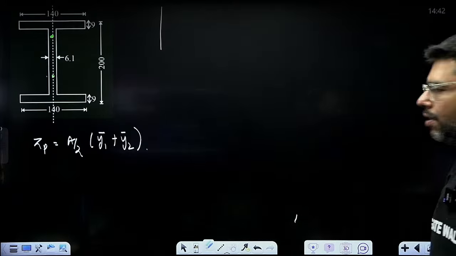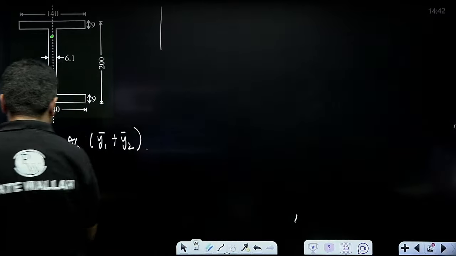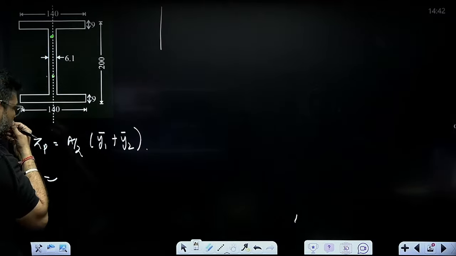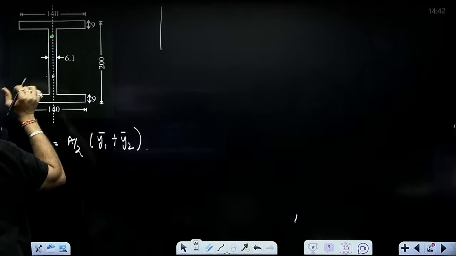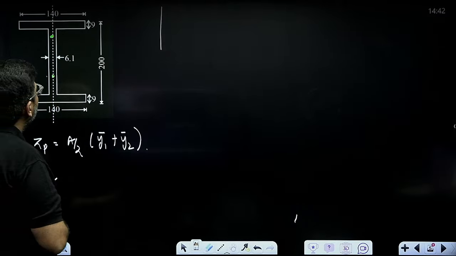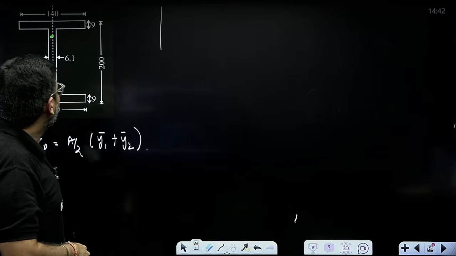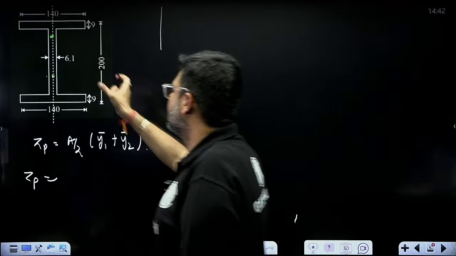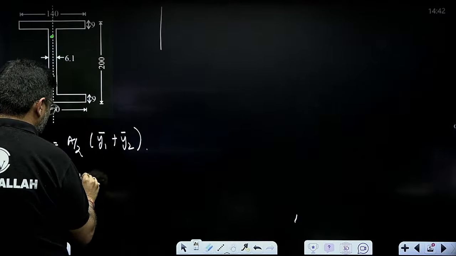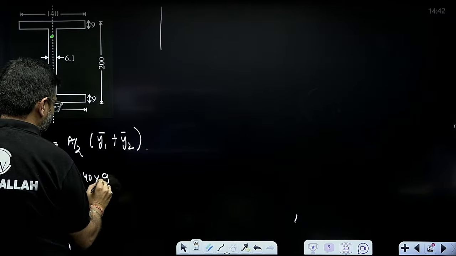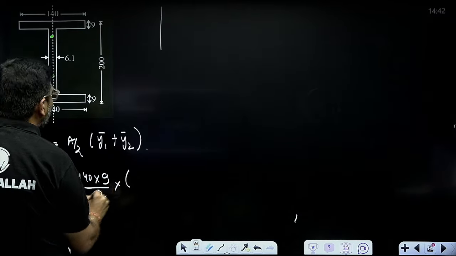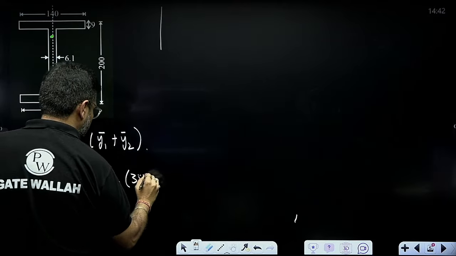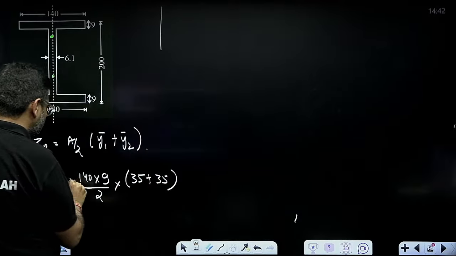This is also very easy. ZP will come out by taking half area and multiplying. Take first the area of these flanges. So A by 2 into y1 bar plus y2 bar. First take this flange: 140 into 9 divided by 2 into 70 by 2, that is 35 plus 35. We have two flanges here, so into 2.